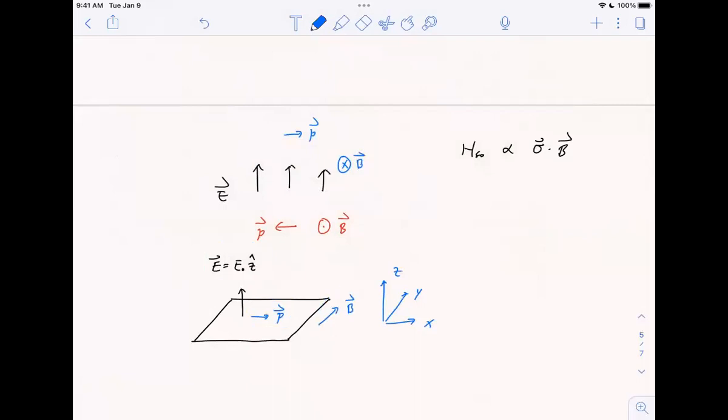Then the B will be, so basically here you see this is the E field, this is the P, and then this will be the B. So when you are traveling with P, your spin will pick the Y component, either plus Y or negative Y. And your spin will only have two options: spin up or spin down in the y direction.